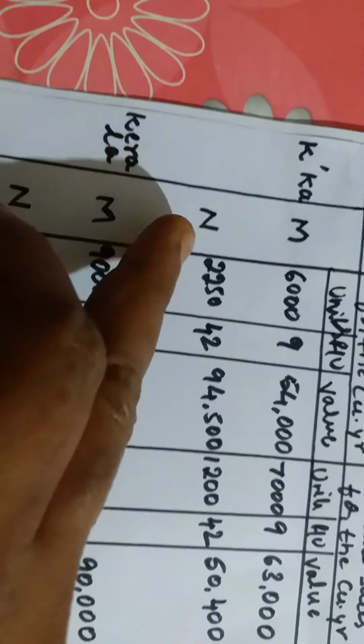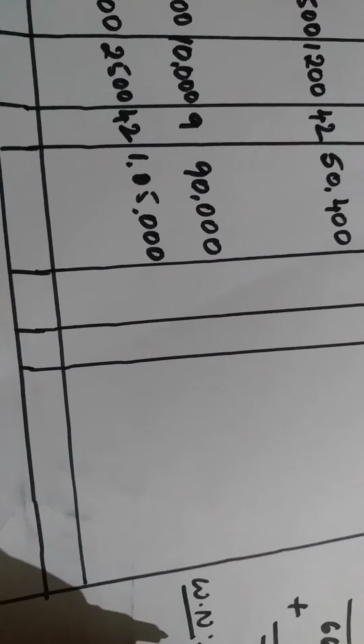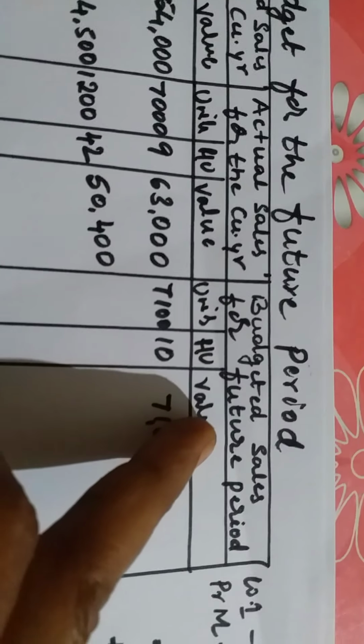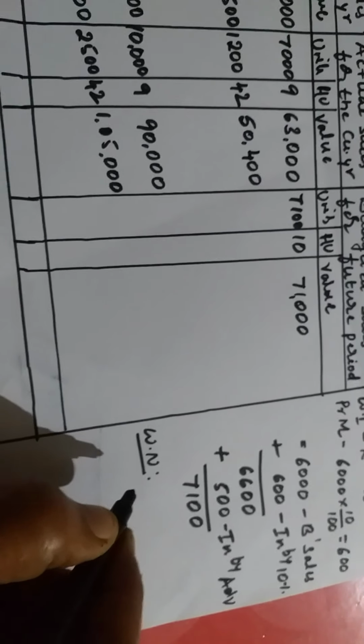Similarly, calculation of product N in Karnataka state, the budgeted sales for the future period. The number of units presently they are selling is 2,250, the budgeted sales for the current year. And now for budgeted sales for the future period, we have to consider certain adjustments.